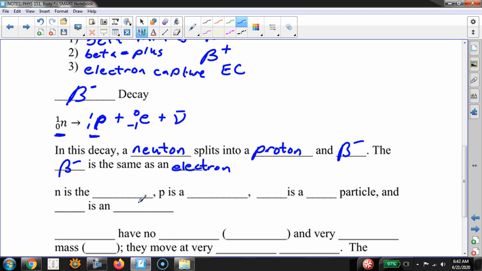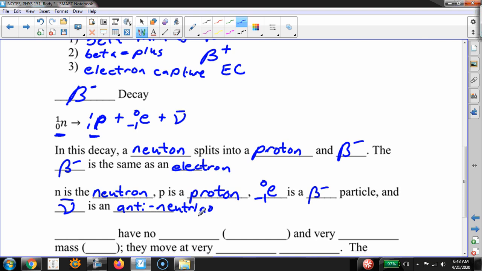N is the neutron, P is a proton, this particle with 0 and -1 is the beta negative particle, and the neutrino, or actually this is an anti-neutrino, has no charge at all.